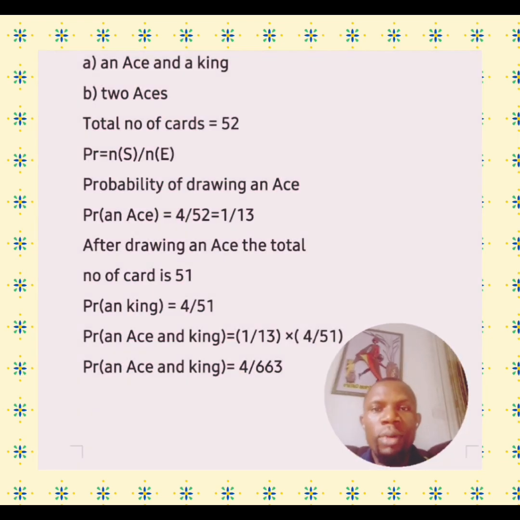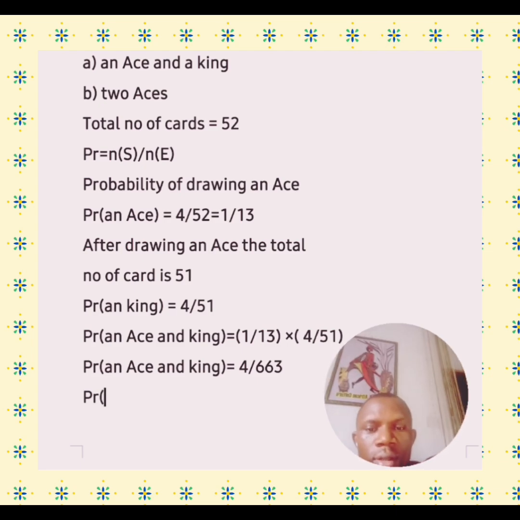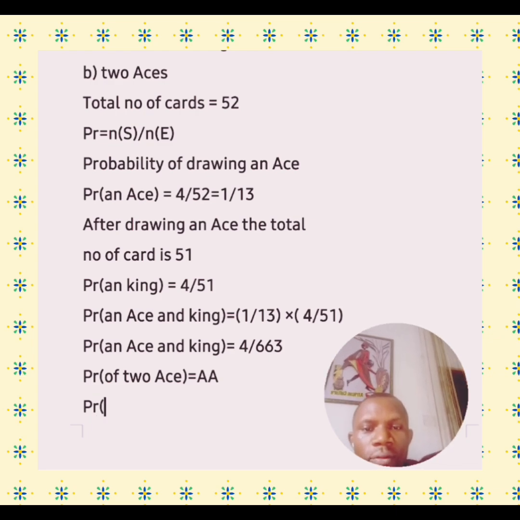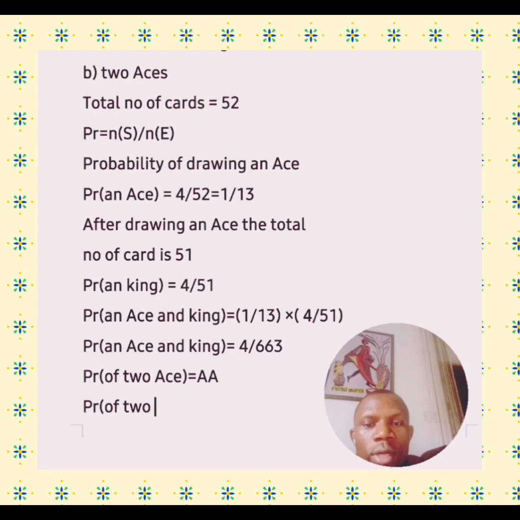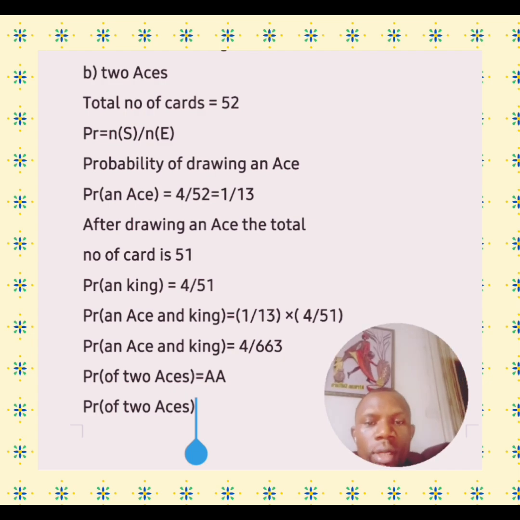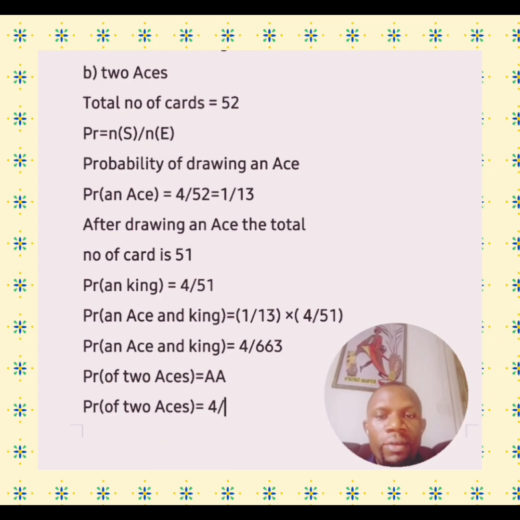The last question is the probability of two aces. The probability of two aces means the first probability is 4 divided by 52.